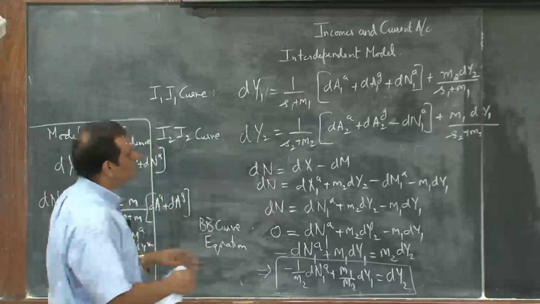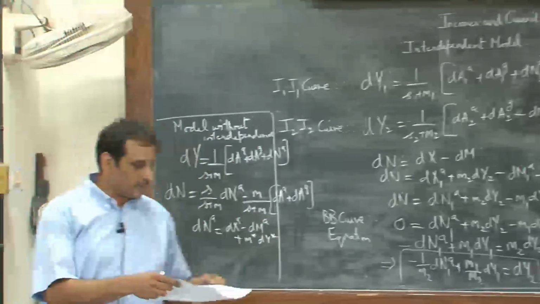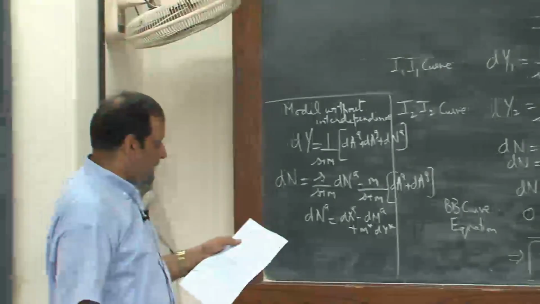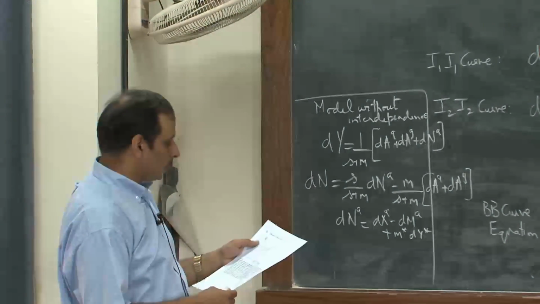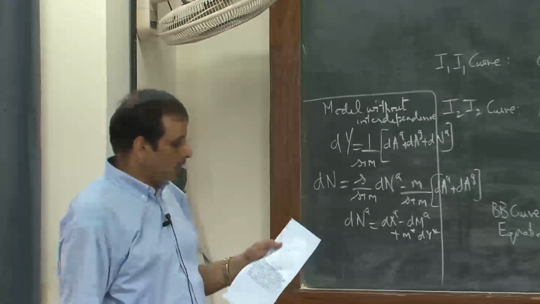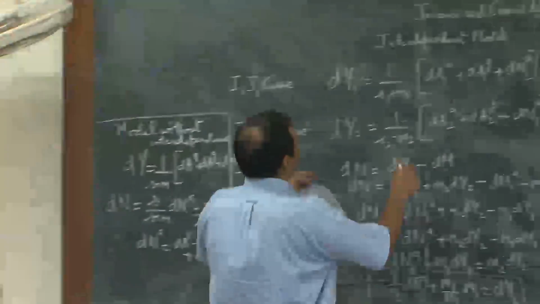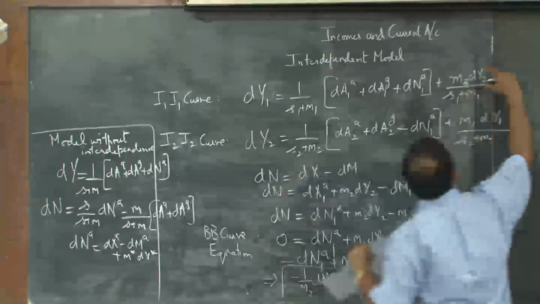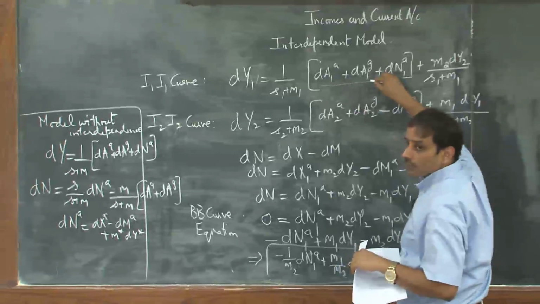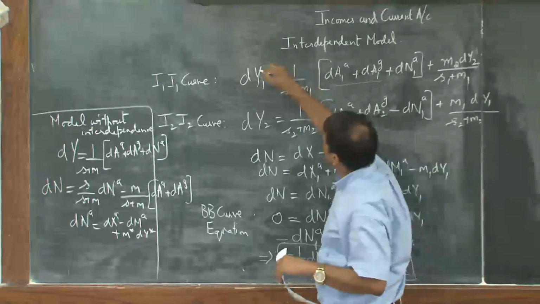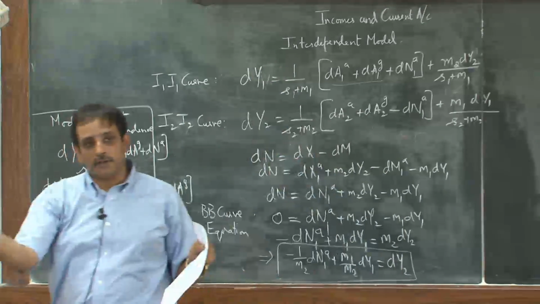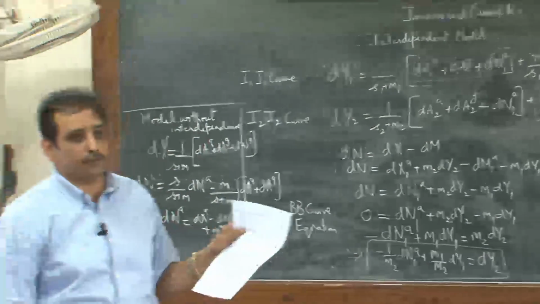Now, this would mean that the I1 curve, given the Japanese incomes, you would see a rightward shift of the I1 curve. So, given that the incomes of Japan remain the same, if the expenditures in US go up, then the incomes in the US go up. This means that there will be a rightward shift of the I1 curve.